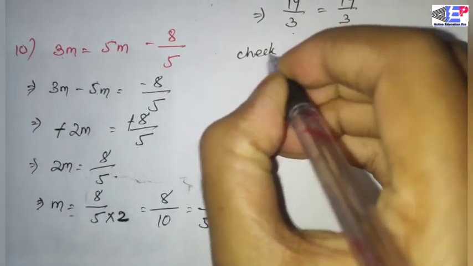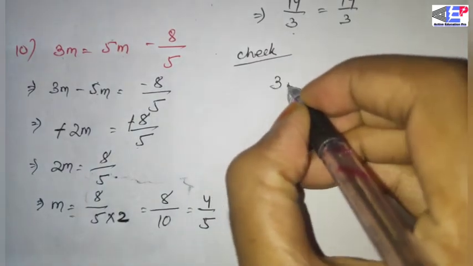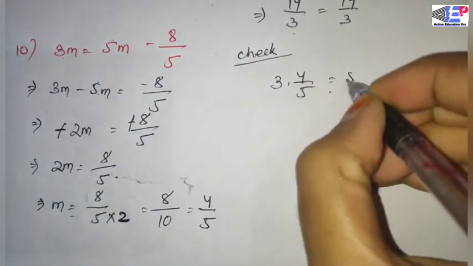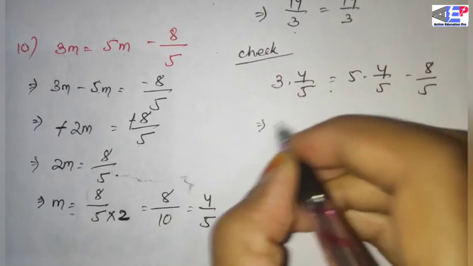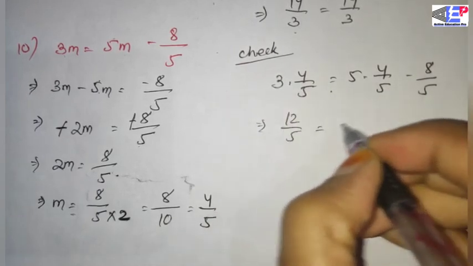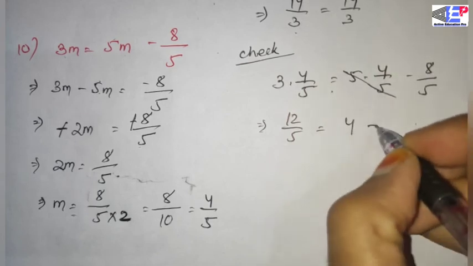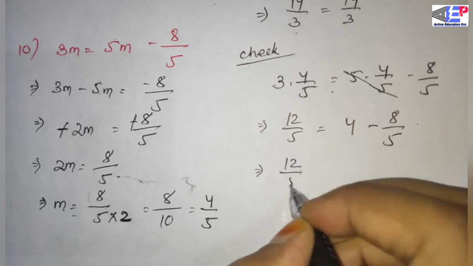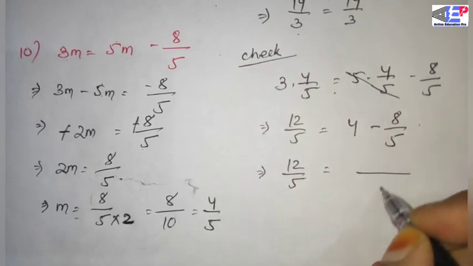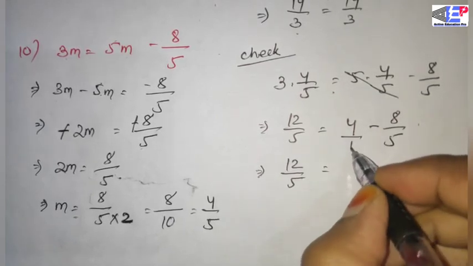Then check it. 3 into 4/5, 5 into 4/5 minus 8/5. Here 12/5, 4 minus 8/5. 12/5, here 4/1.